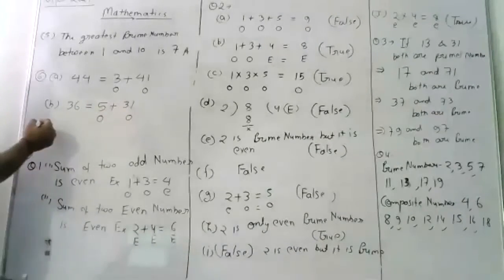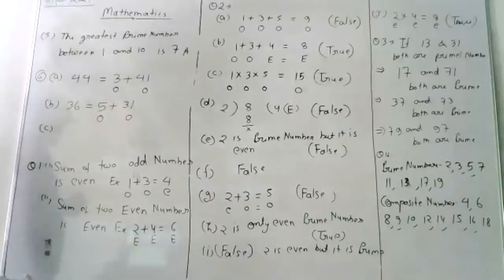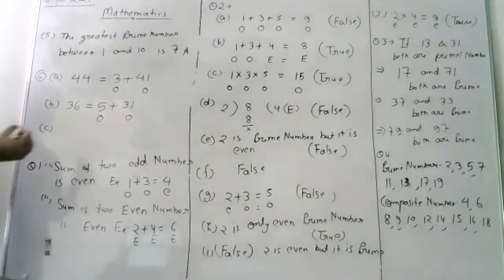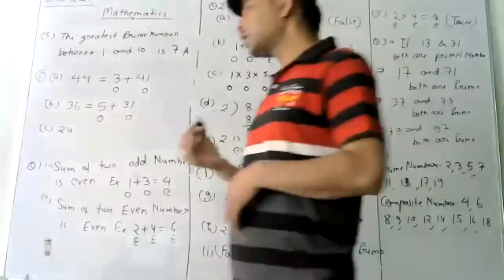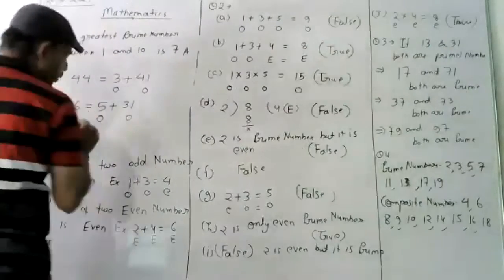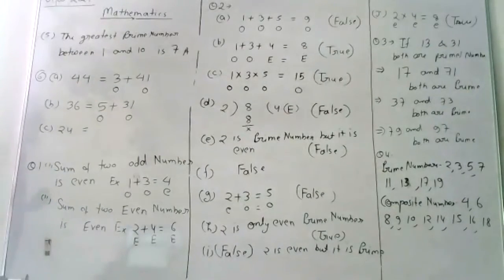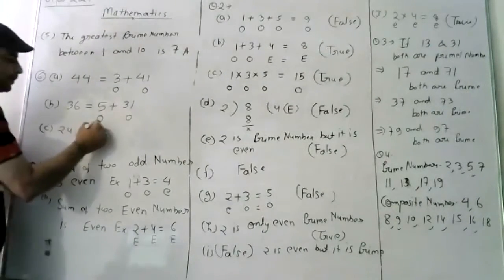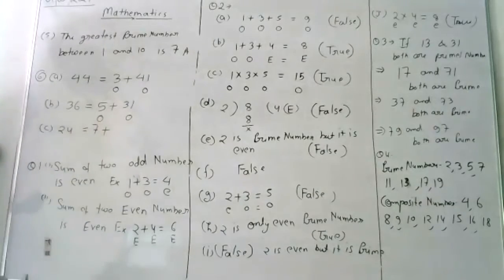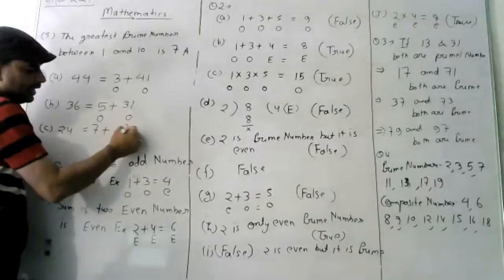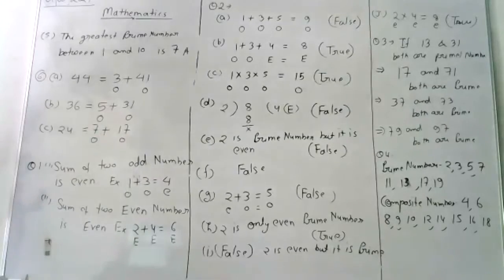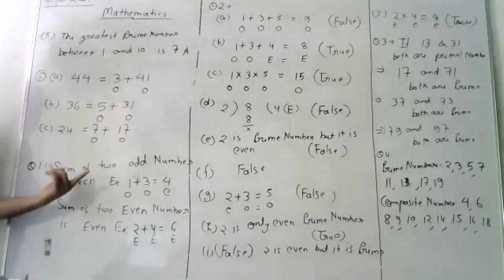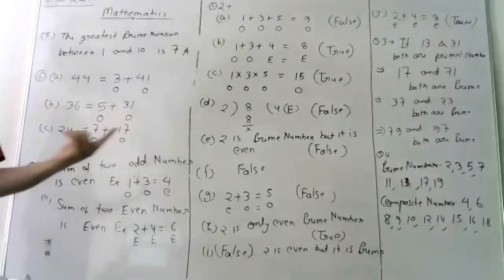And next, part C. C is 24. Represent it as a sum of two odd numbers. The first odd number is 7 plus 17. 7 is an odd number and 17 is an odd number, and the sum is 24.